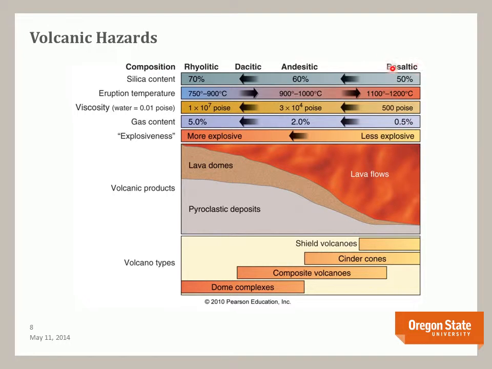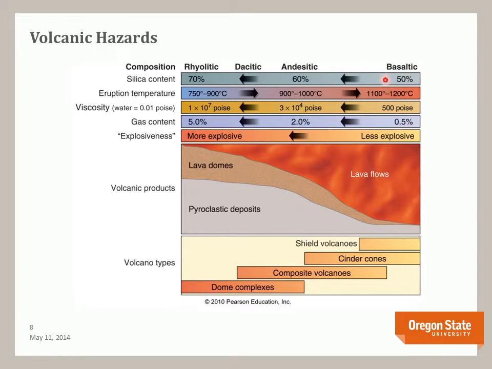Associated with this compositional spectrum, the silica content increases from 50% up to 70% in the more felsic. Now, also associated with this spectrum is a change in temperature. Rhyolitic lavas tend to be lower temperature, basaltic tend to be higher temperatures, and then the intermediate are in between.